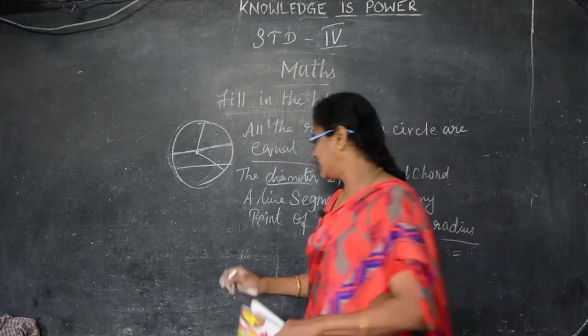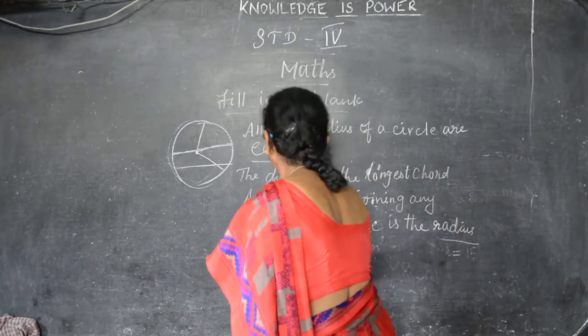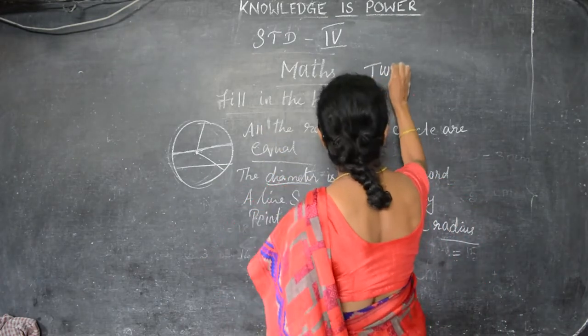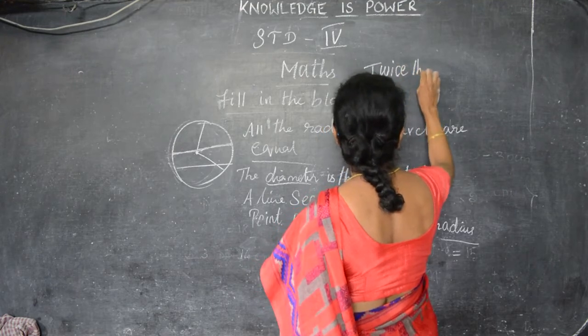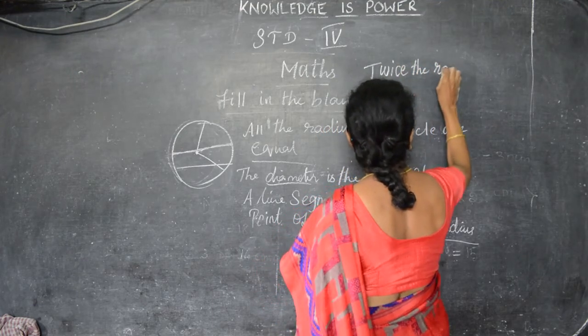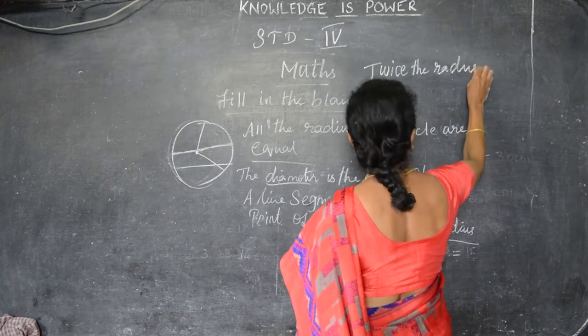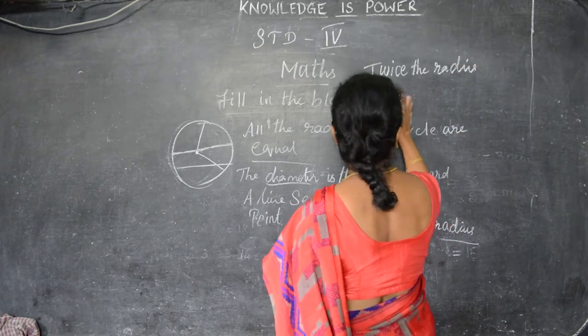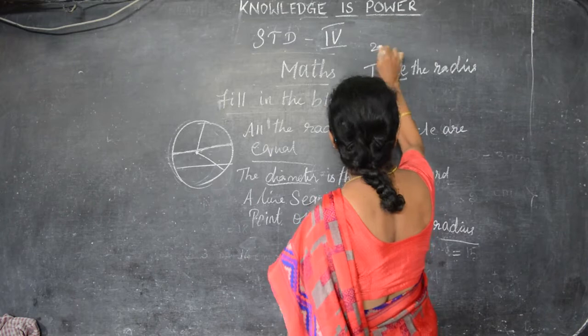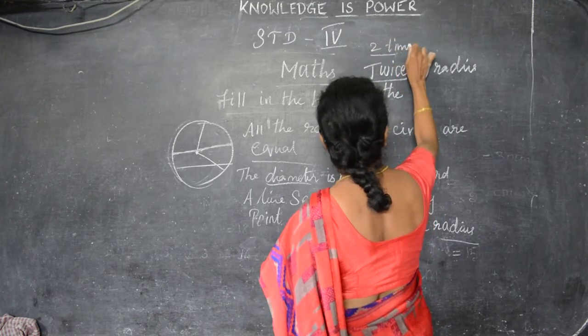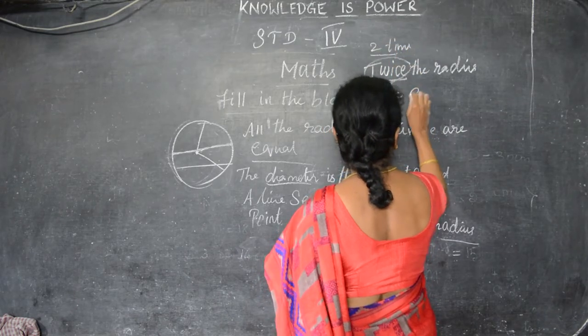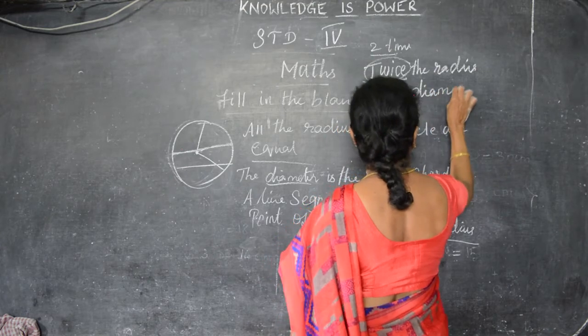Twice the radius is the diameter. Twice, not 2. So twice the radius, 2 times radius is the diameter. Twice means 2 times. Twice the radius is the diameter of the circle.